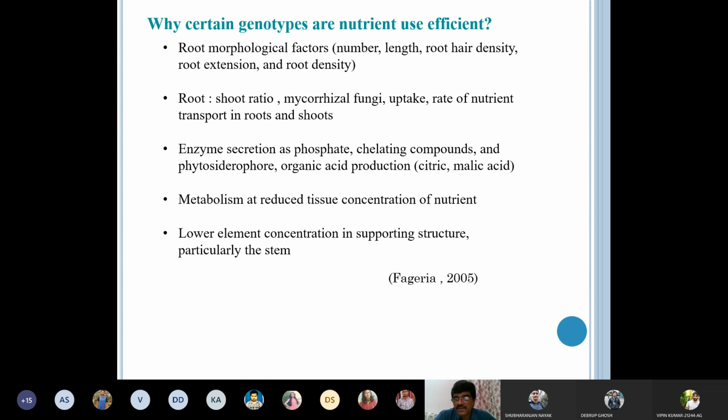In other genotypes it may not be that effective, and so forth. And certain genotypes may excrete root exudates that can solubilize the fixed nutrients in the soil. So that way certain genotypes can increase the nutrient availability for themselves by releasing certain root exudates.